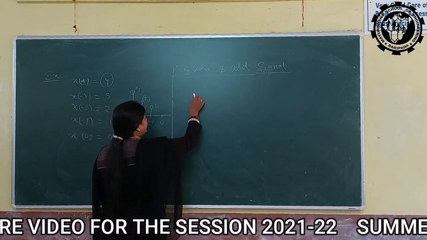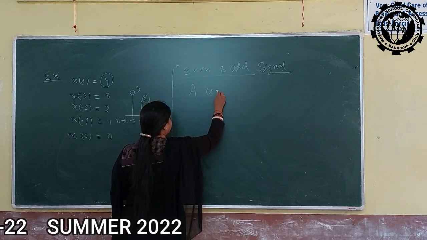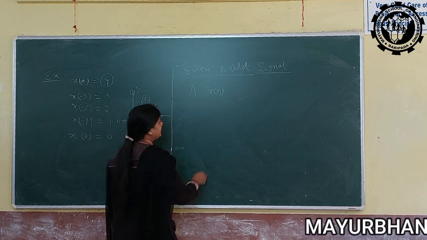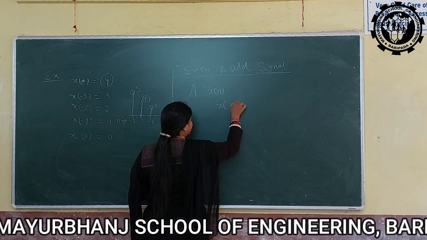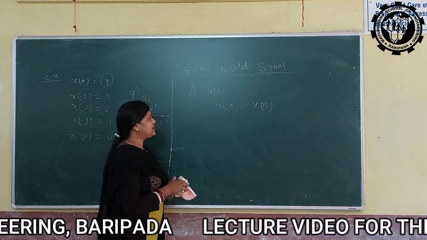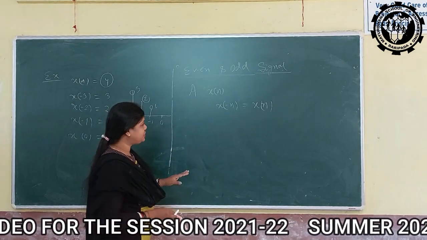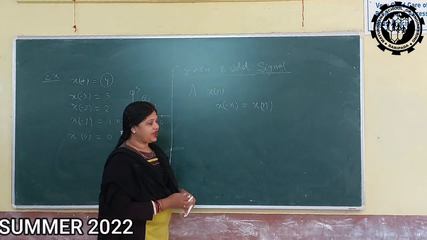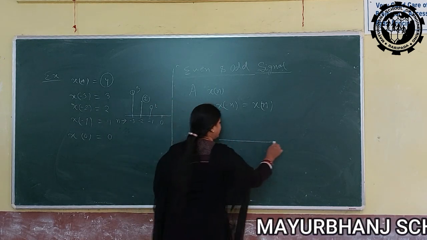So even signal: a signal x of n is said to be an even signal if it satisfies the condition x of minus n is equal to x of n. Let's take an example in graphical form.